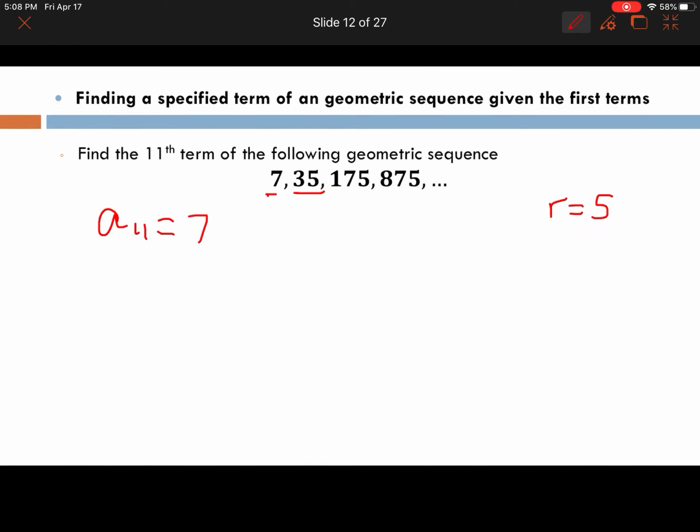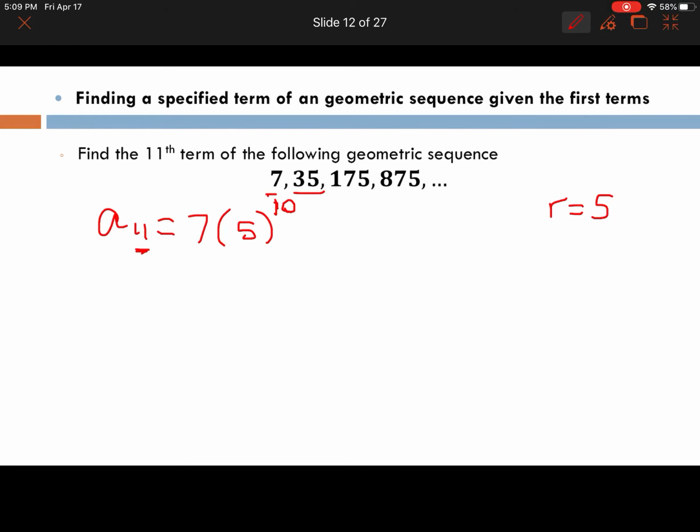Raised to the power of 10. So it is 1 less than our 11, right? So 5 to the 10th times 7.